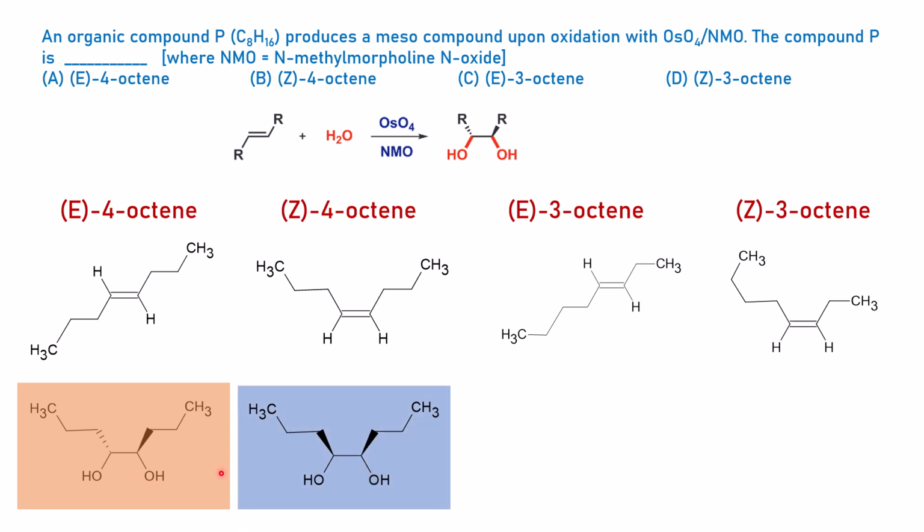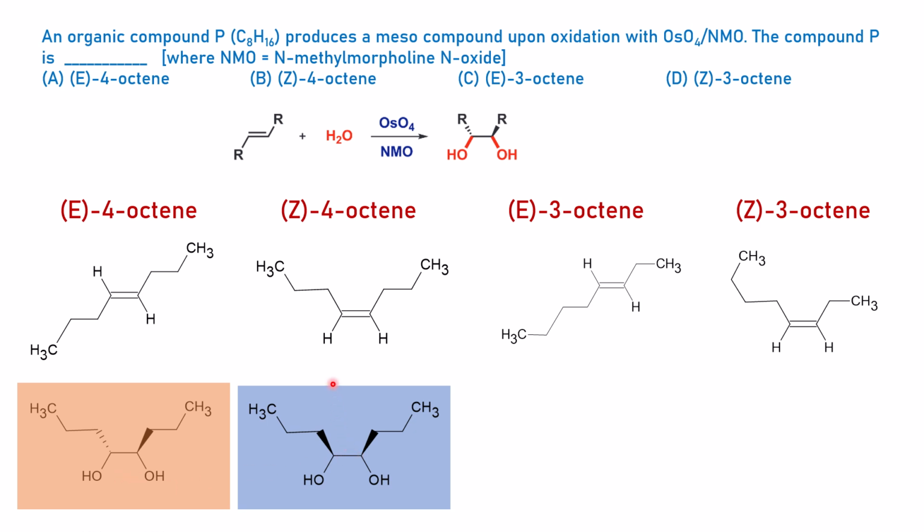When we look at these two molecules, it is very clear that when I draw a line through the molecule, by way of internal compensation, only the one which is formed from Z-4-octene will be a meso compound, whereas the one which is formed from E-4-octene will not be a meso compound because the groups are opposite to each other.